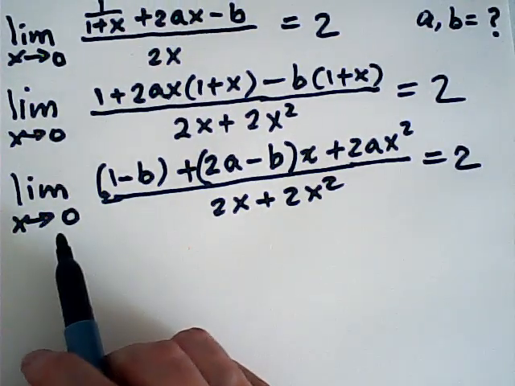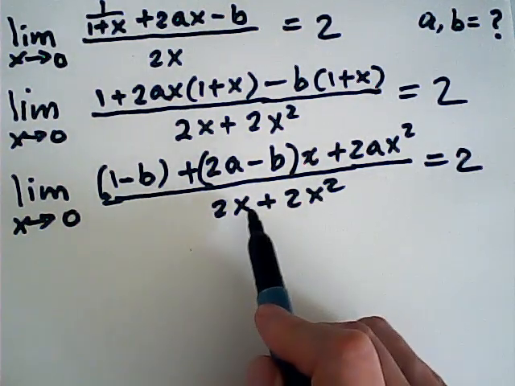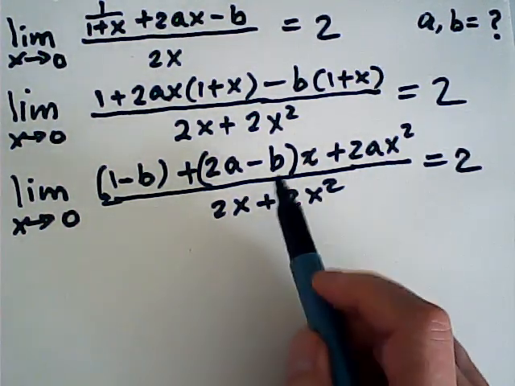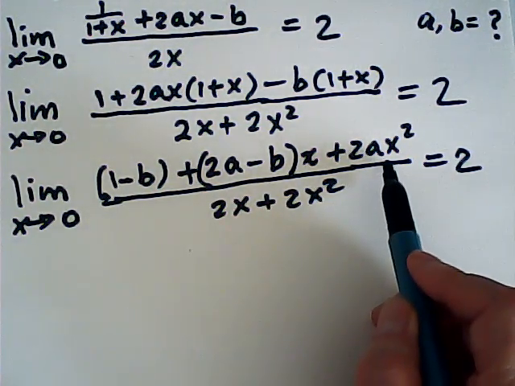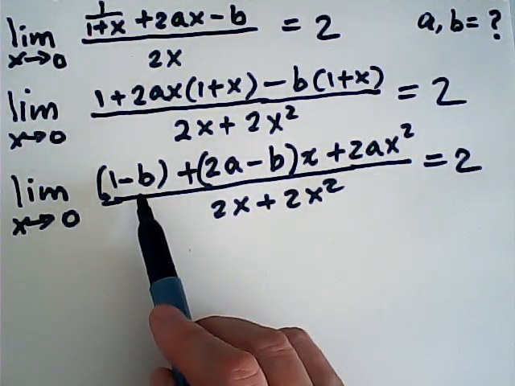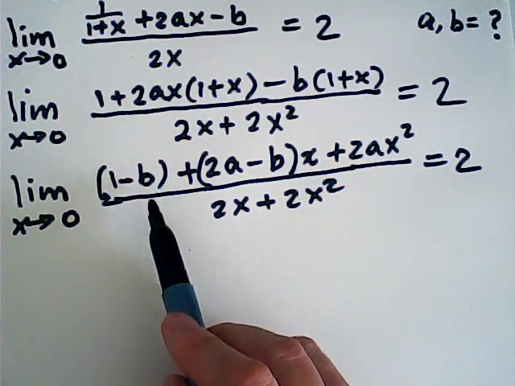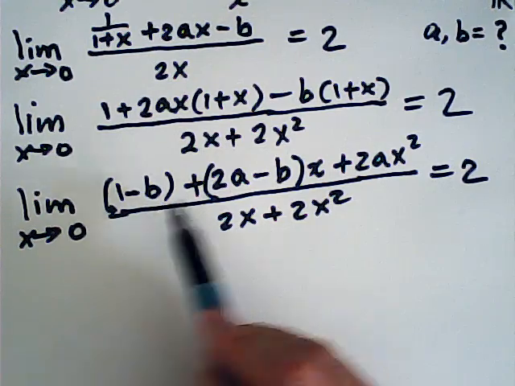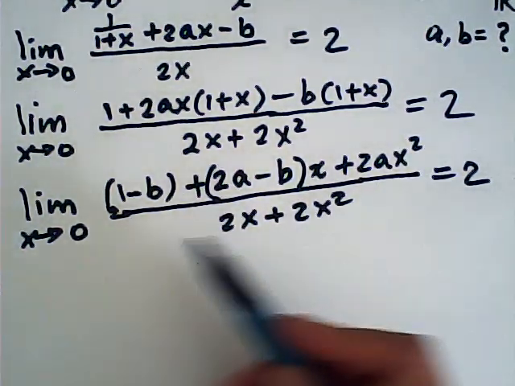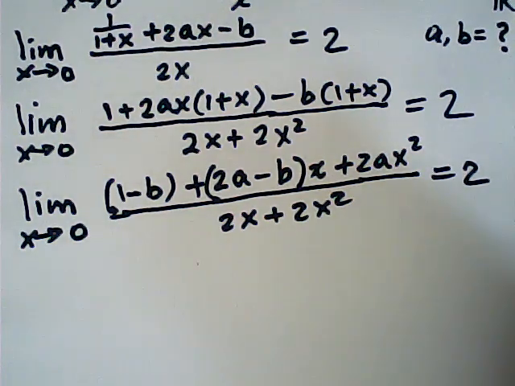Now, when we take the limit as x goes to 0, the denominator is going to 0. This is going to be 0. This 1 minus b, if 1 minus b is not 0, then the whole limit will be going to infinity, not 2.